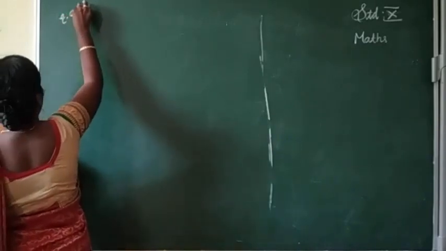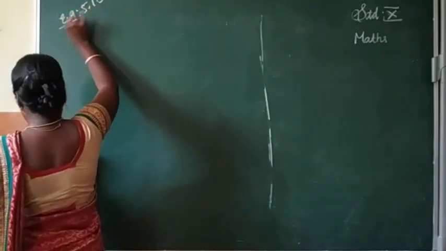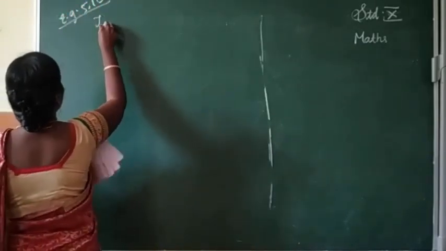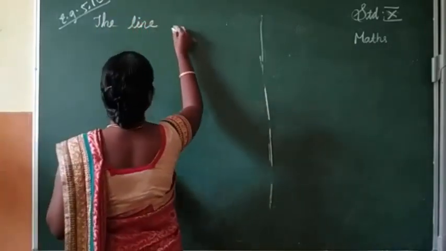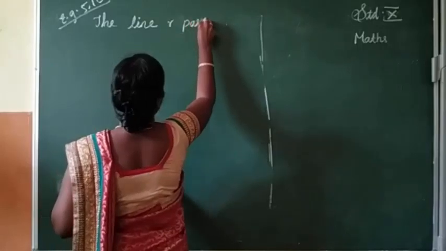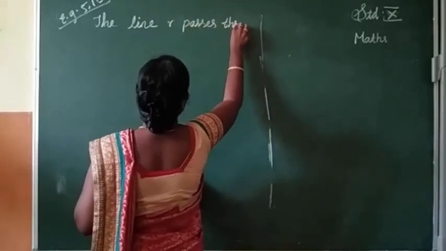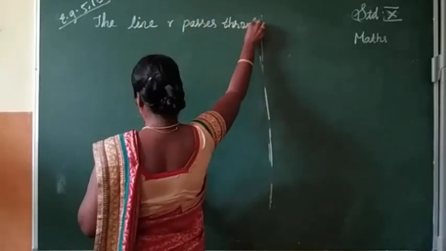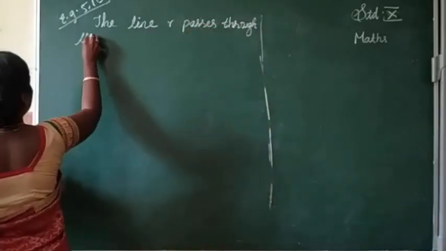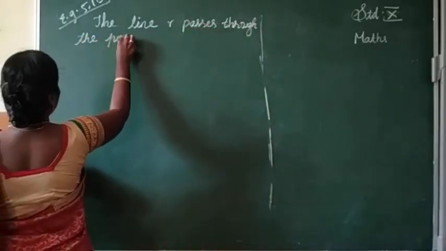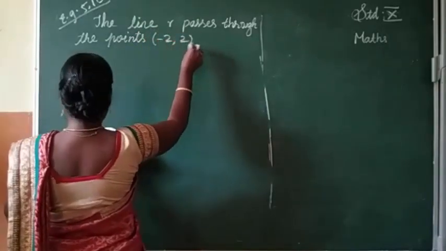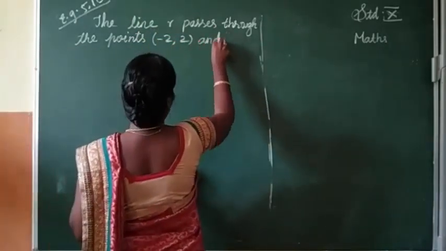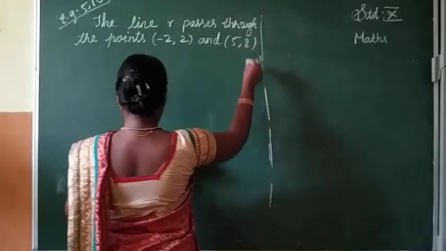Then example 5.10. The line R passes through the points minus 2, 2 and 5, 8.